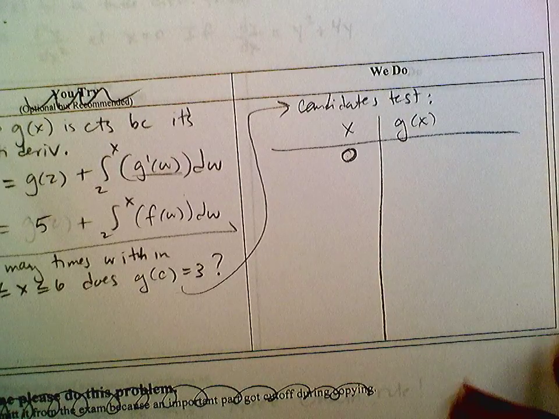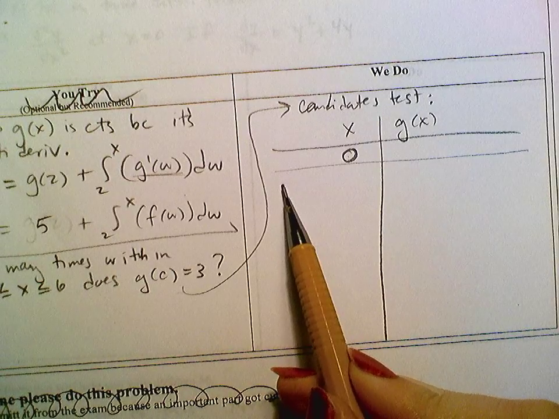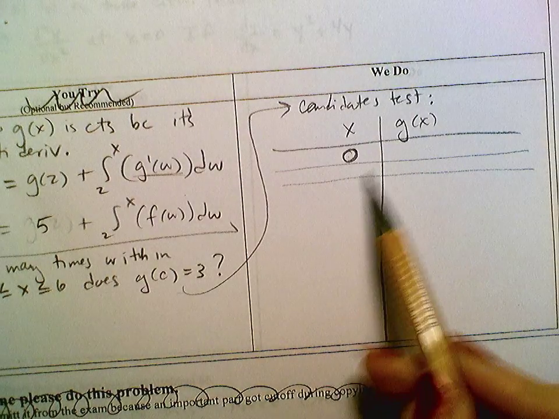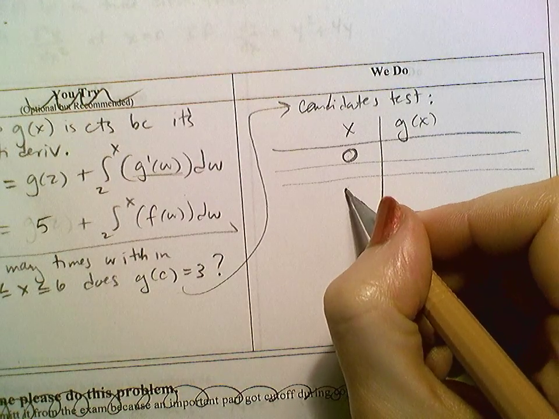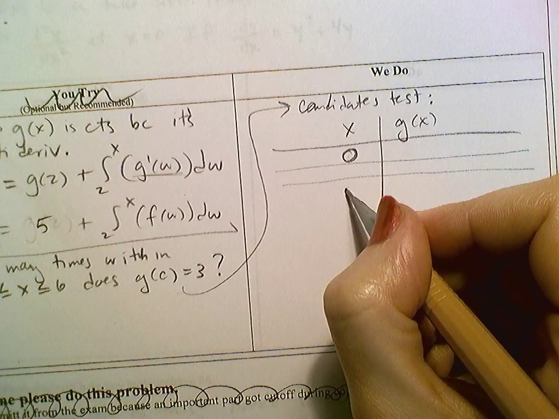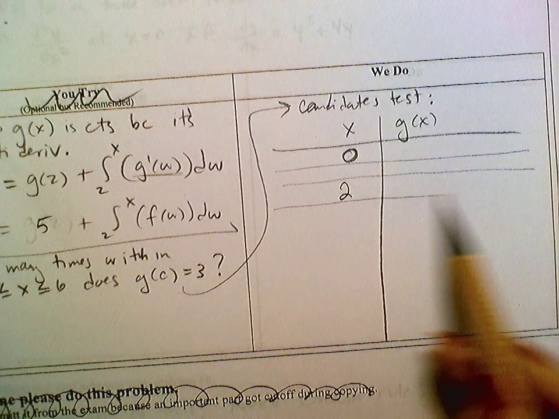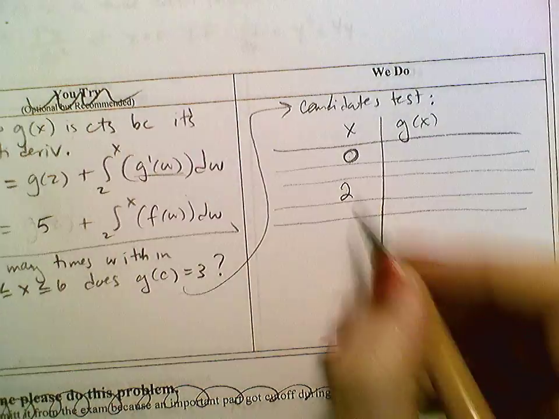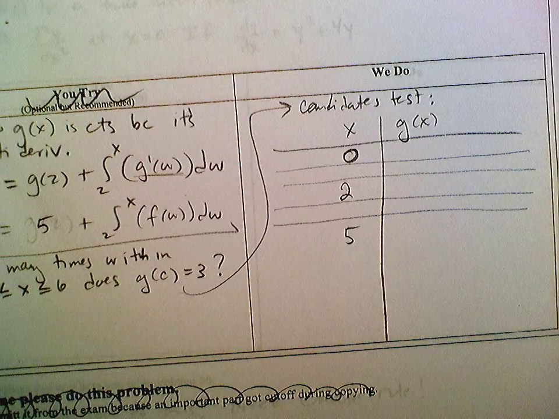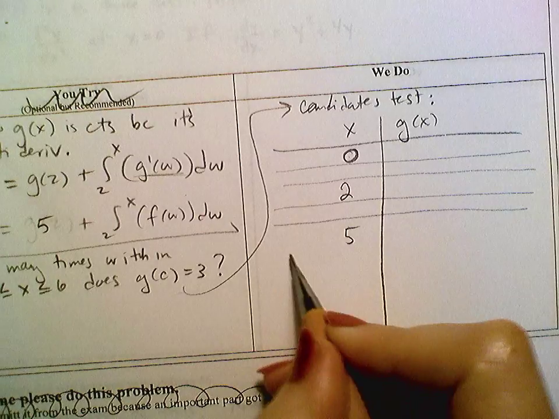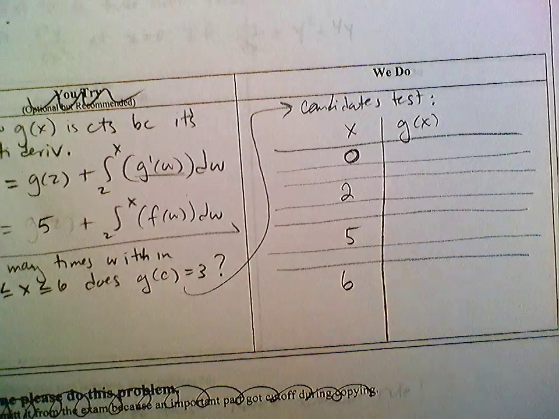All right? But then I'm going to skip a space right here. Okay? And then the first critical number, this is where g prime is equal to 0 or is undefined. So that would be 2. All right, and then I'm going to skip a space. And then the next critical number is 5. Okay, and then I'm going to skip a space and then 6.